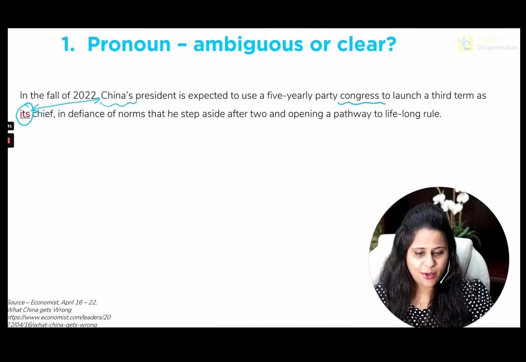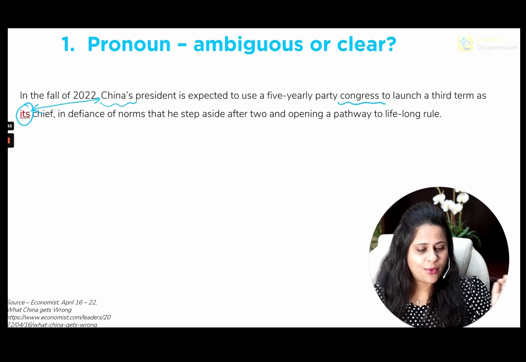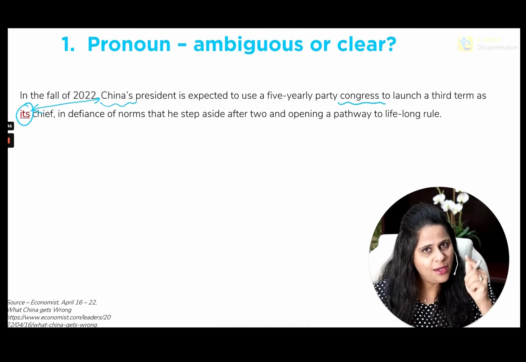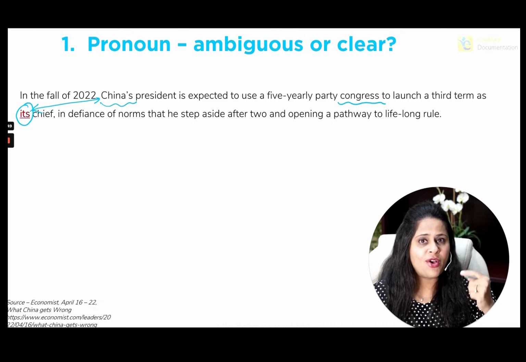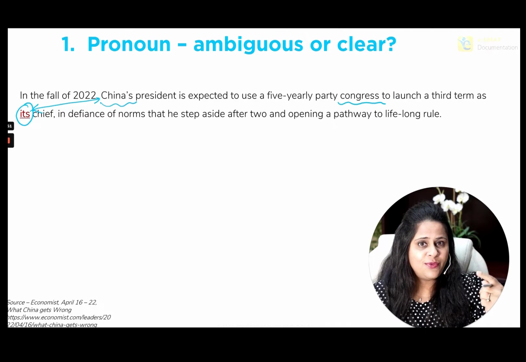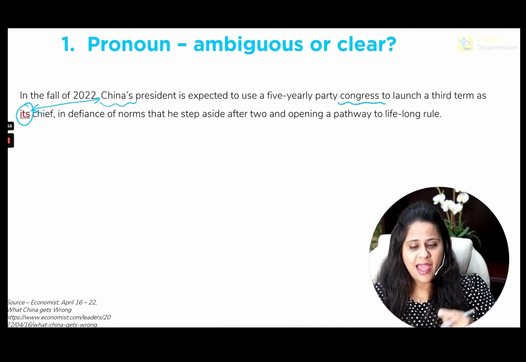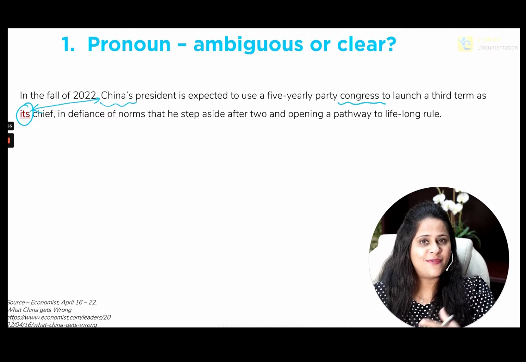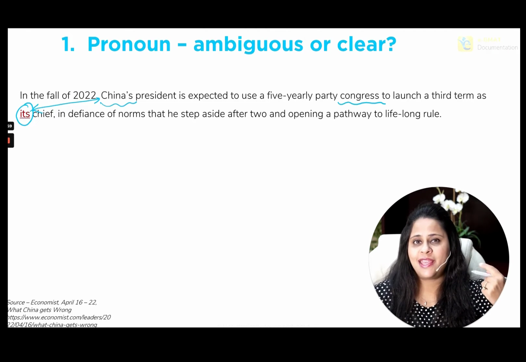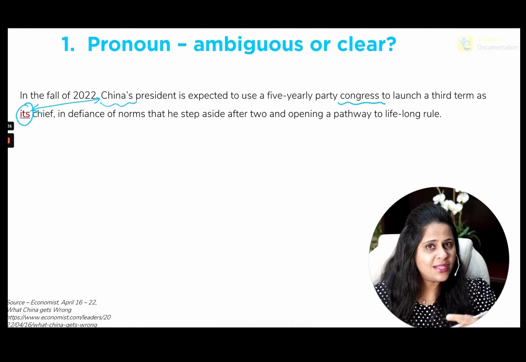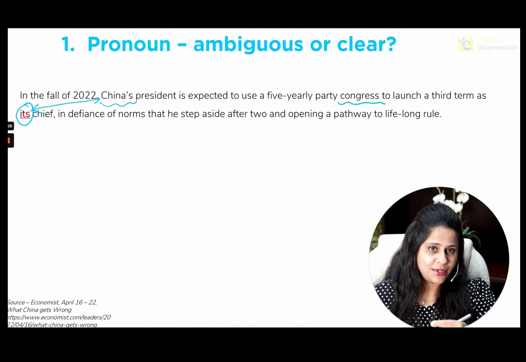That doesn't make sense at all, right? So there is no pronoun ambiguity at all. Look what we have done here. You utilized your conceptual understanding to further solidify as you read this sentence from the Economist. What's happening is that you are enhancing your application of concepts that you've learned in the course.